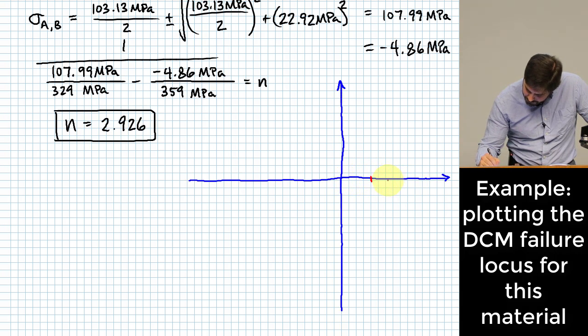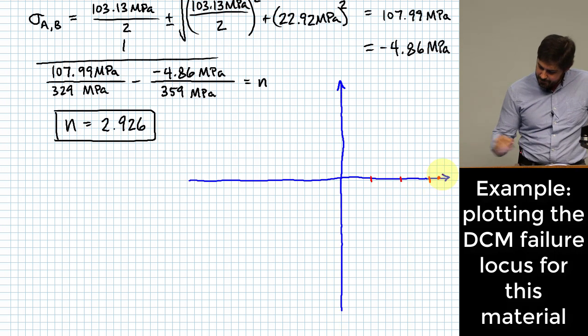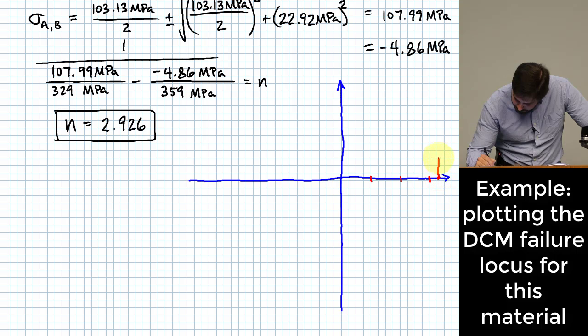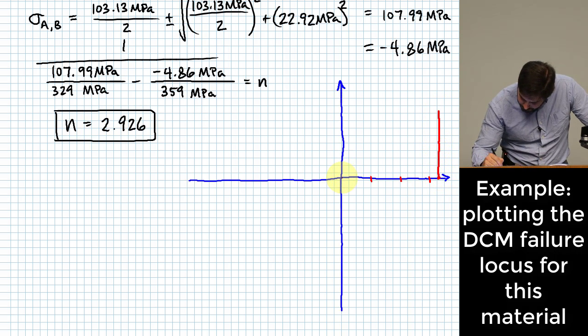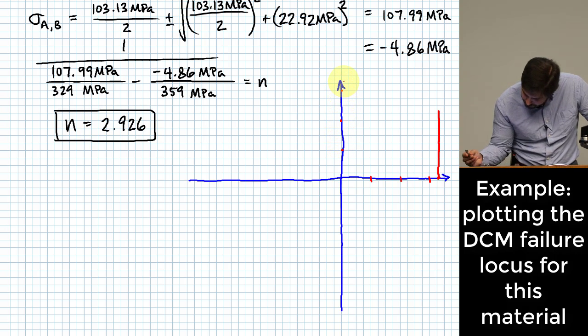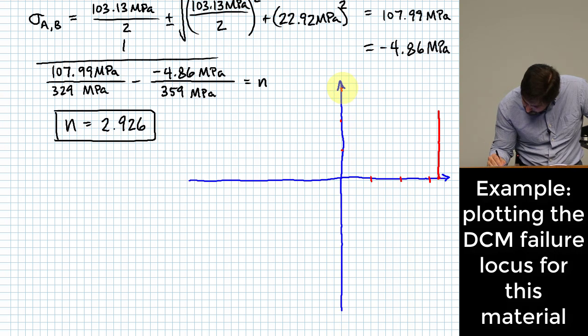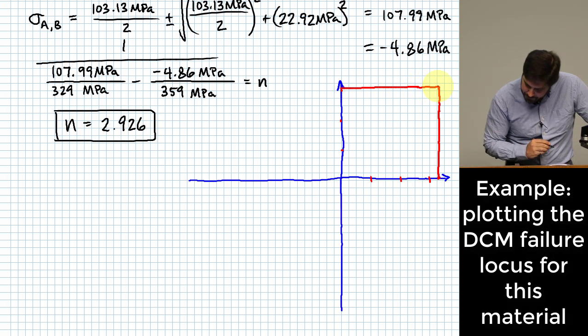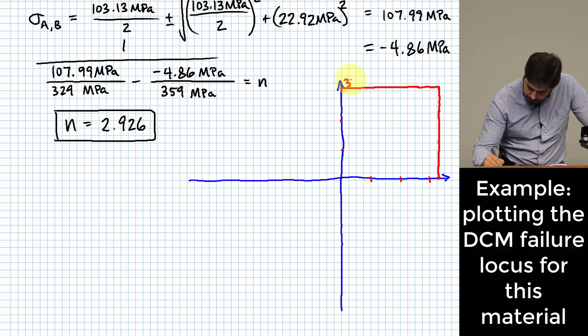So this would be 100, 200, 300, and so we'd be out about at that location, about like that. 329 megapascals, and this is on sigma A, sigma B axes.